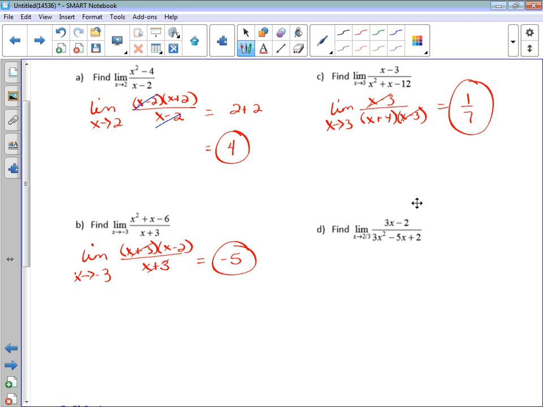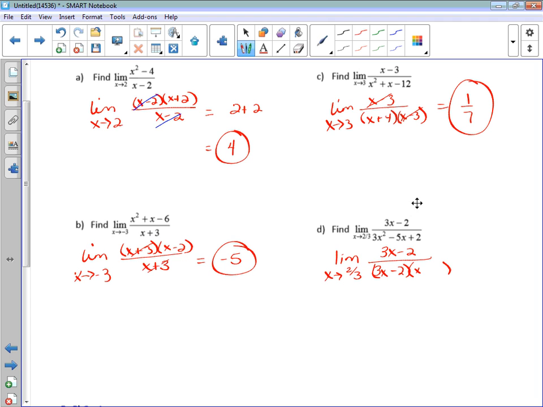Okay. All right, the last one was the trickiest, factoring. Okay. It says x approaches 2/3. Your numerator is 3x minus 2. Again, denominator, I don't care if you guess and check. I don't care if you use grouping. Whatever, as long as you get to the final part, which is 3x minus 2 times what?